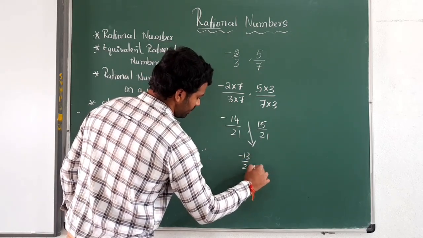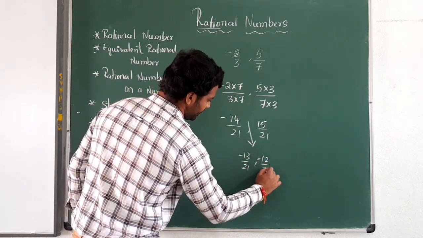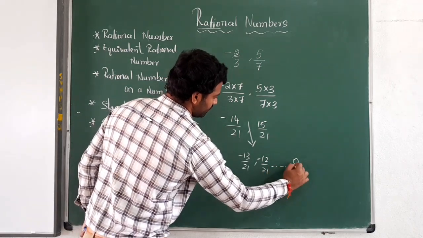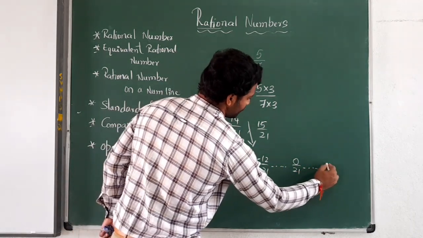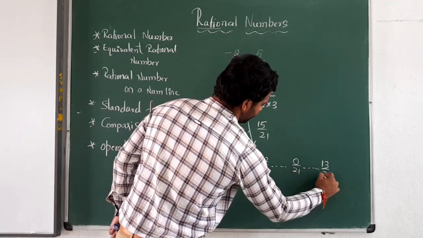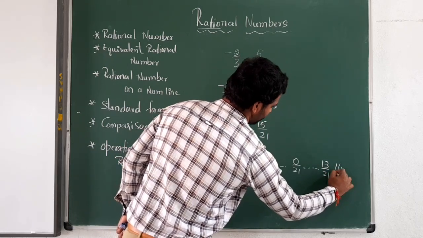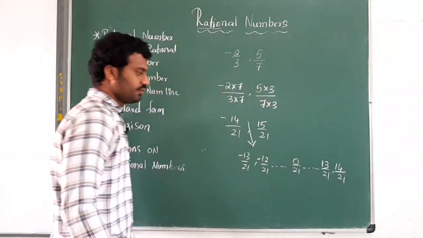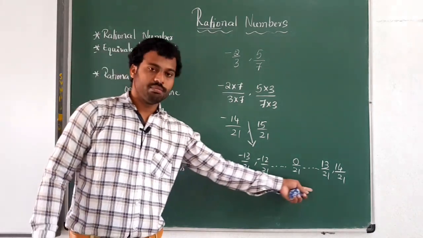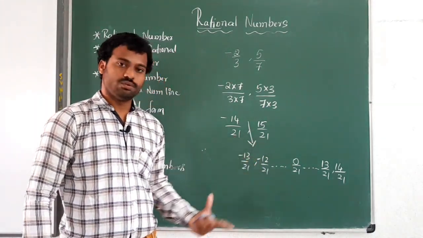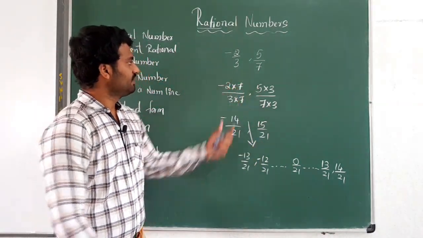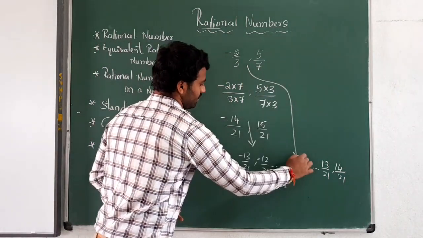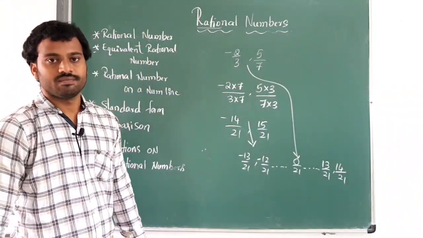Minus 13 by 21, minus 12 by 21, and so on. 0 by 21, and so on. 13 by 21, 14 by 21. These are all numbers that will be in between these two.